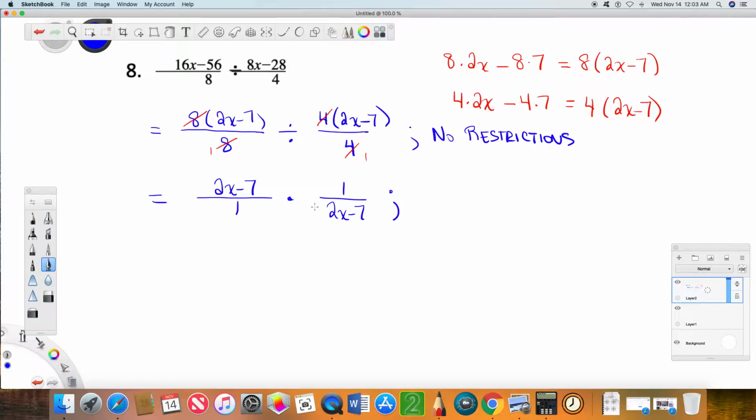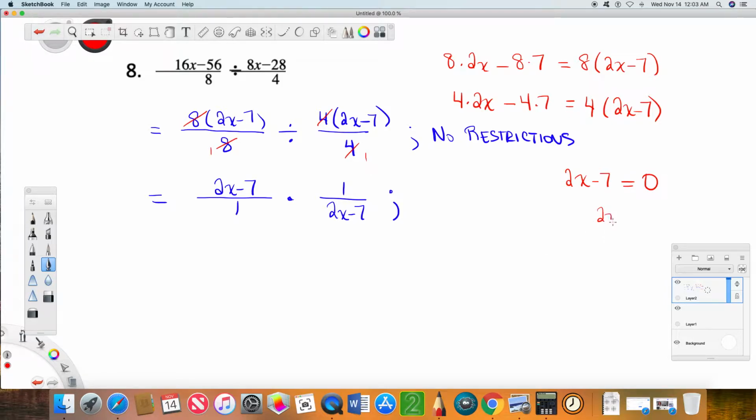Now I have a variable in the denominator. Originally with this problem I had no restrictions, but when I change this division to multiplication, I have to slow down and notice that I have a new denominator, and it introduced a restriction. If you look at 2x minus 7, and you want to prevent it from equaling 0, we temporarily let it equal 0.